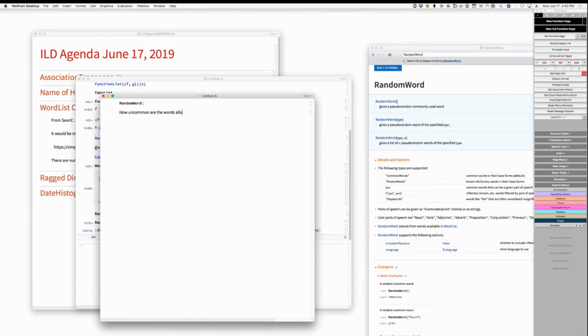Right. There are a number of interesting suggestions on our live stream. Yeah, the suggestion on the live stream is to weight by how common. So how uncommon are the words allowed to be, either by rank or by frequency?